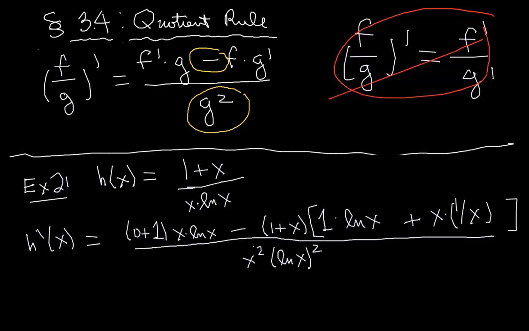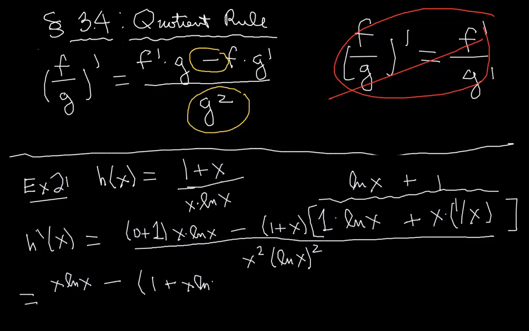Now if we clean this expression up, we have x ln x on the top, minus, let's look here in these square brackets. That's just going to be ln x plus x times 1 over x, which is the same thing as x divided by x, that's just 1. So 1 plus x times 1 plus ln x, just foiling it out, gives us 1 plus ln x plus x ln x plus x.